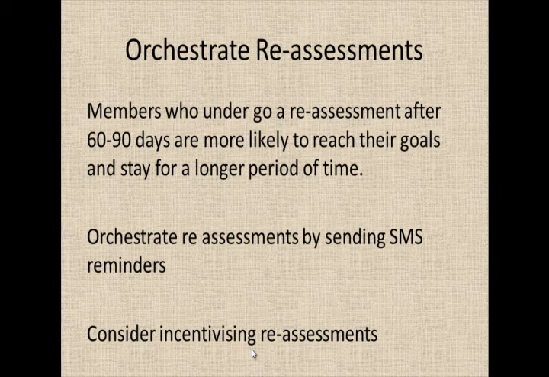It's a bit like the analogy of going to a dentist. If you receive a reminder that you're due for a dental checkup, you're probably more likely to go and book in for that. But if you're not reminded, you're probably going to wait until there's a problem, a major problem with your teeth. So the same principle applies here. We want to orchestrate reassessments by sending SMS reminders.